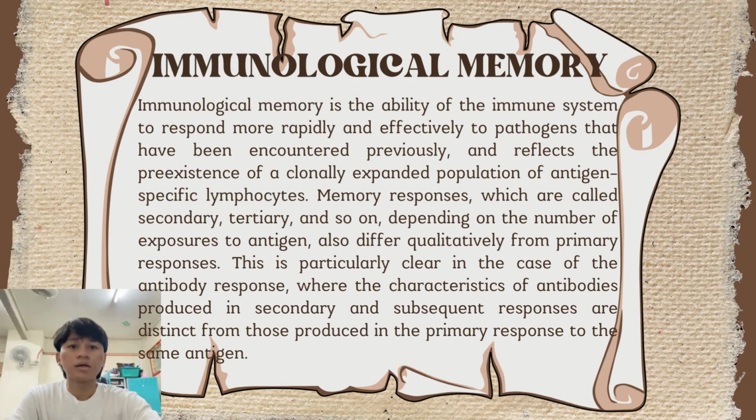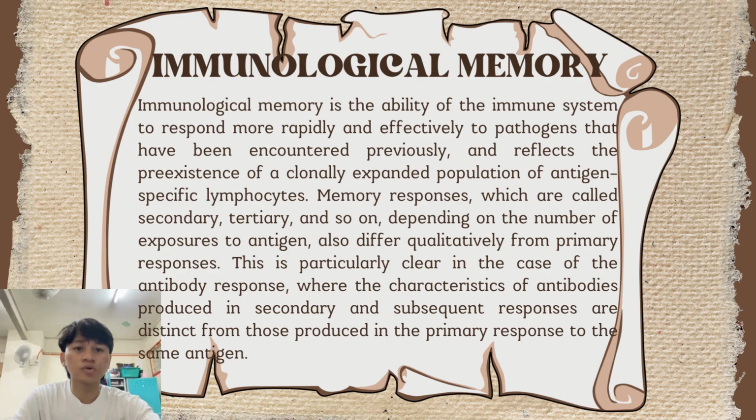Immunological memory. Immunological memory is the ability of the immune system to respond more rapidly and effectively to pathogens that have been encountered previously, and reflects the pre-existence of a clonally expanded population of antigen-specific lymphocytes. Memory responses, which are called secondary, tertiary, and so on, depending on the number of exposures to antigen, also differ qualitatively from primary responses.